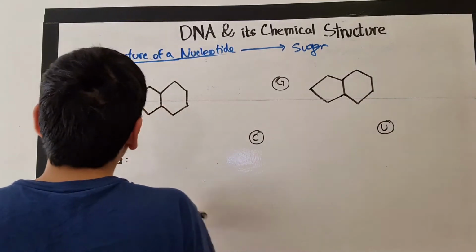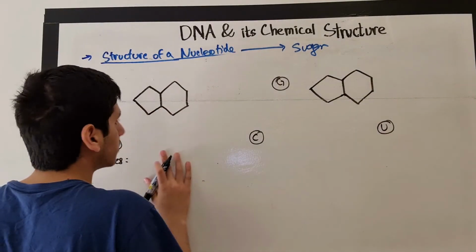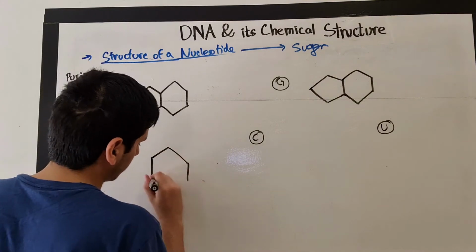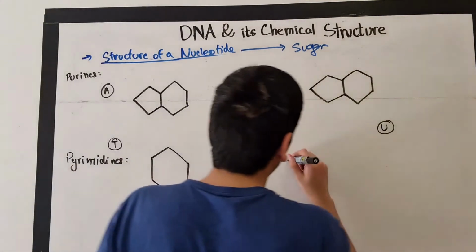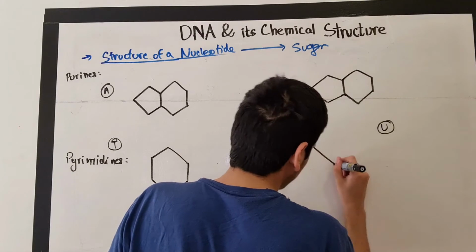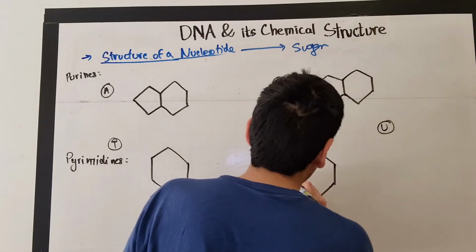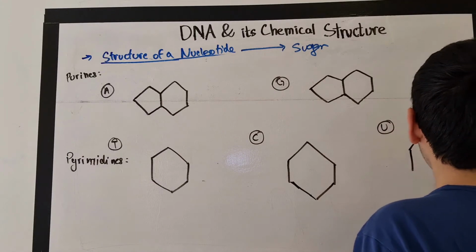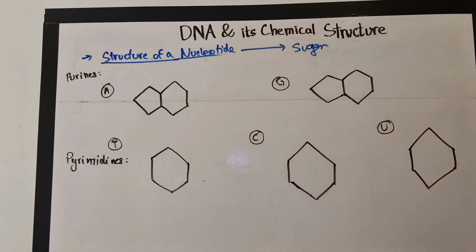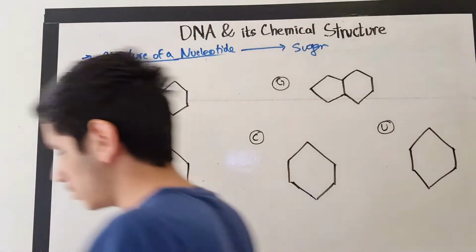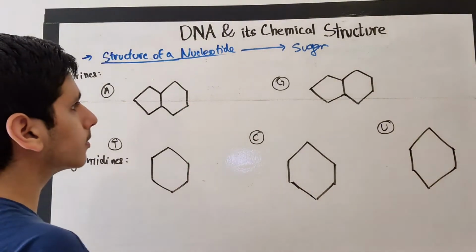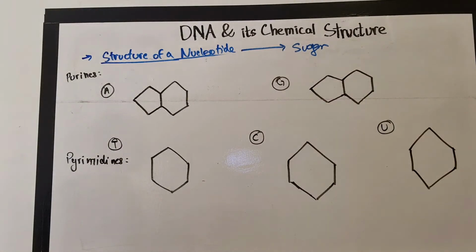Okay, for pyrimidines, you just have a pyrimidine ring. And so same thing for uracil. So thymine and uracil are both pyrimidines. And so I think I should draw the purines a bit bigger, but it's fine actually.